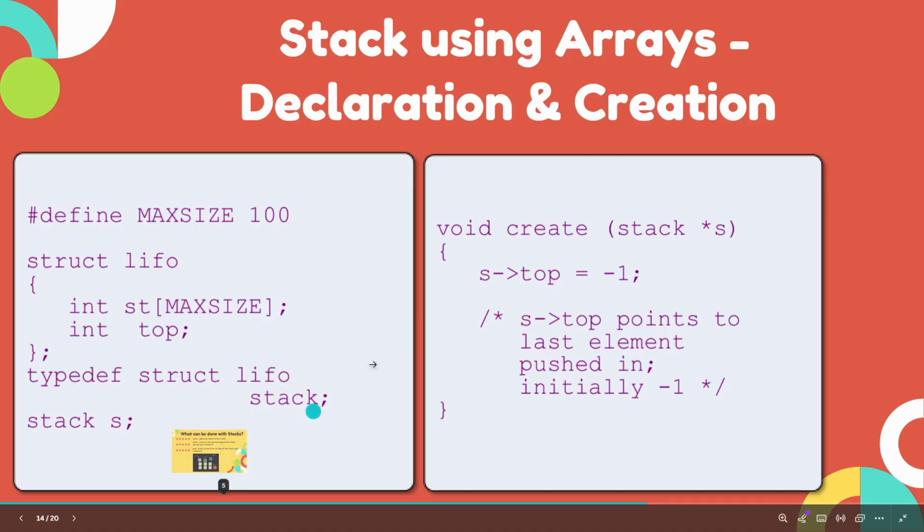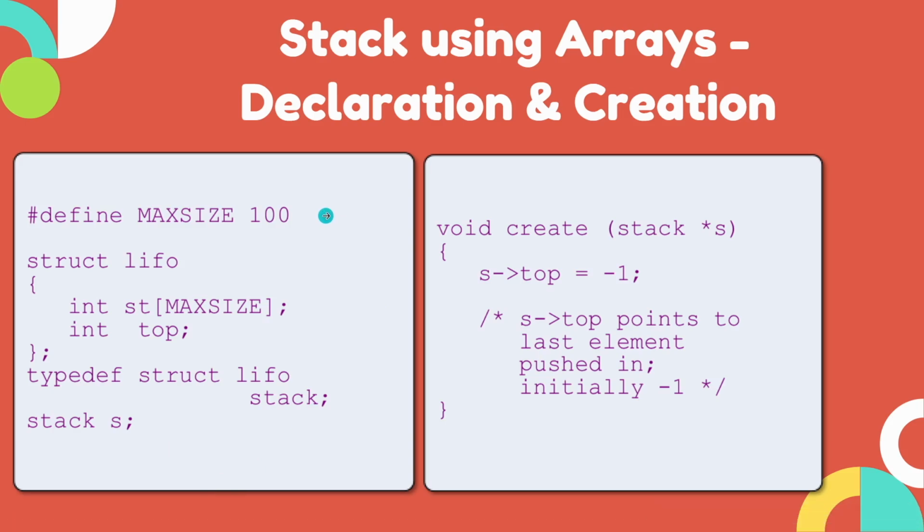In this example, as you see, we have defined a constant MAXSIZE with the value 100, and then we are defining a structure named LIFO. The structure has 2 members, one is an array named ST of size 100, and another member which is top.